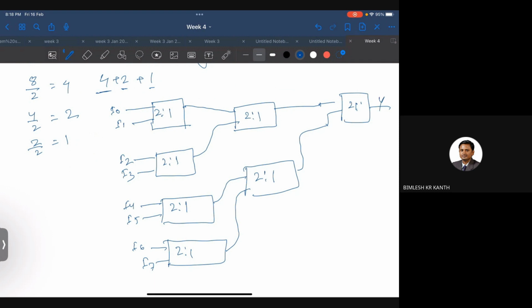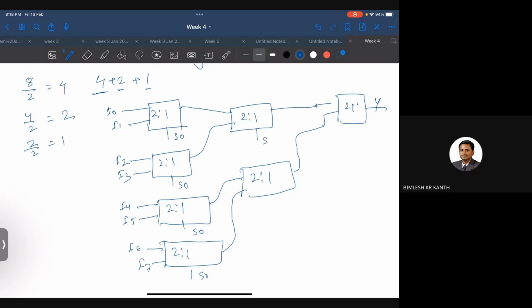And now if you want to choose the select lines, this will be S0, this will be S1 and this will be S2. This is clear?